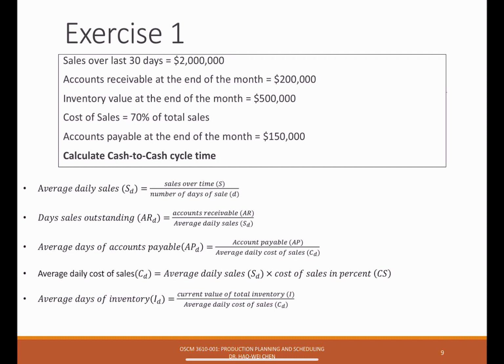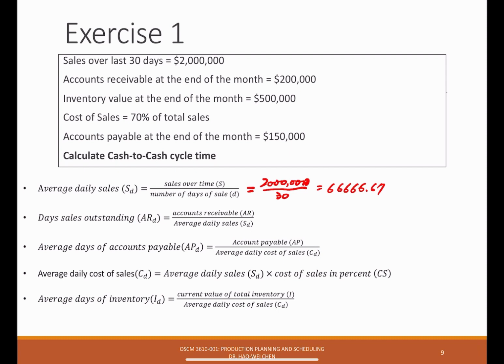So to do that, the first thing we want to find is the average daily sales, SD. And we know this is equal to 2 million divided by 30 days. That should be 666.67.